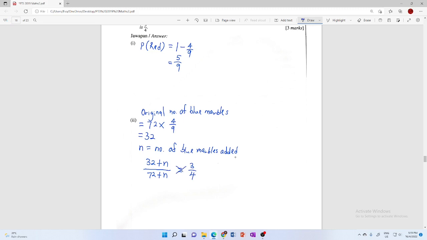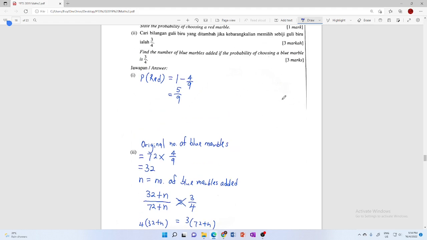Now we cross multiply. 4 times (32 plus n) equals 3 times (72 plus n), so 128 plus 4n equals 216 plus 3n. So n equals 88. In total there are 88 blue marbles added.